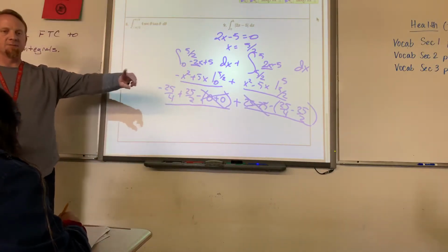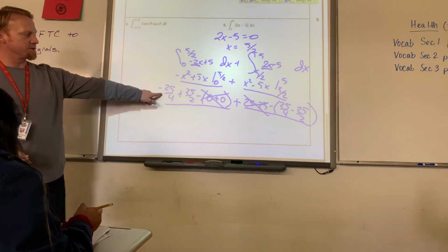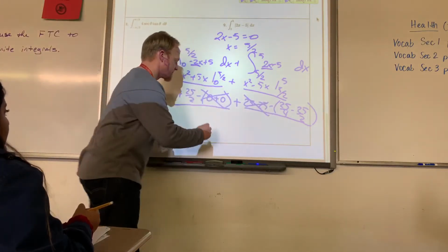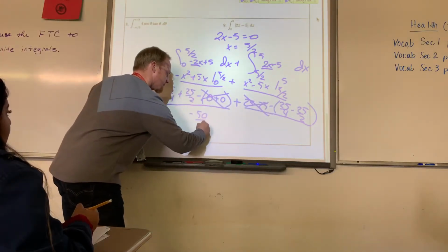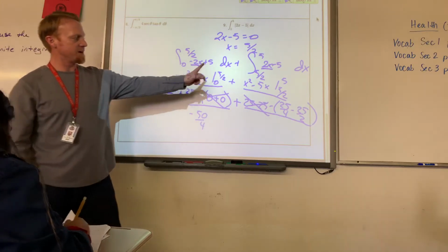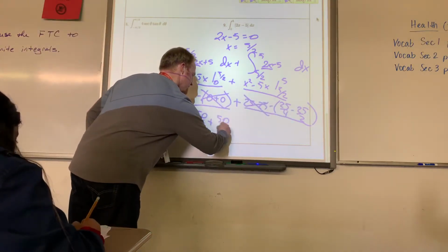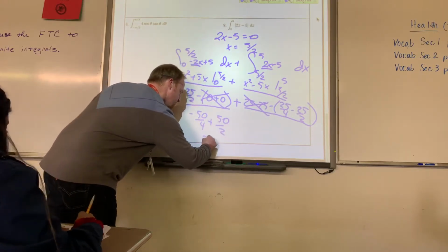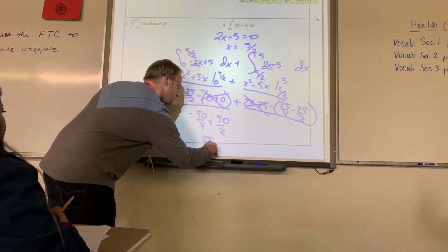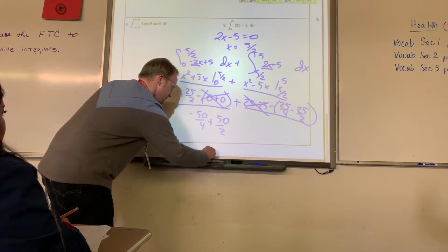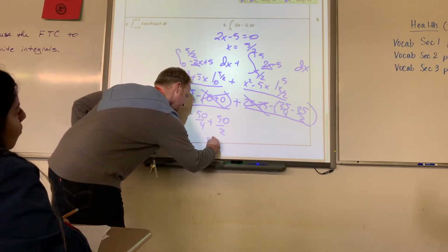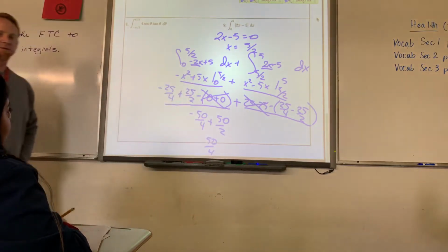I'll put my denominators together at this point. Negative 25 over 4, negative 25 over 4 gives me that. Positive 25 over 2, positive 25 over 2. So that's going to give me 50 over 4.